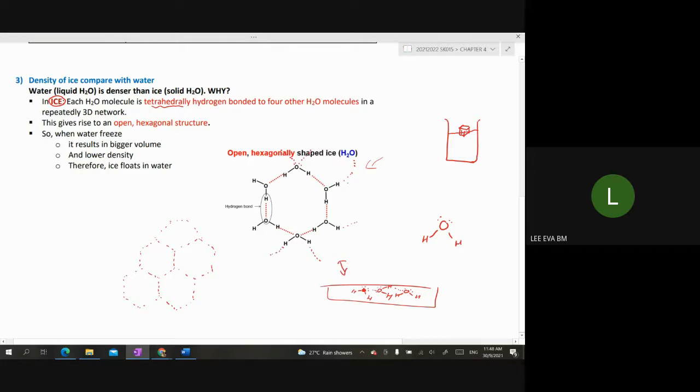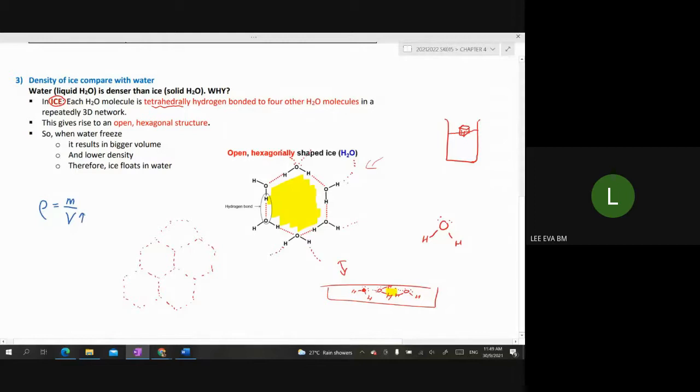So when in ice, the H2O is tetrahedrally bonded. You will have this open hexagon shape, which means we will have a bigger volume. Volume yang dekat punya hexagon shape dekat sini kosong. This is an empty space. You have a bigger volume compared to the volume in liquid, only a very small one. So, if you remember about the density formula, density equals mass over volume.